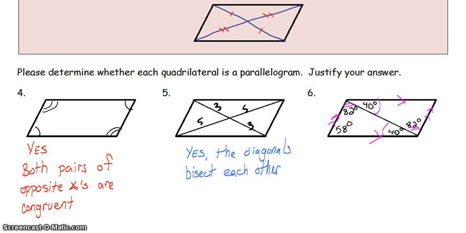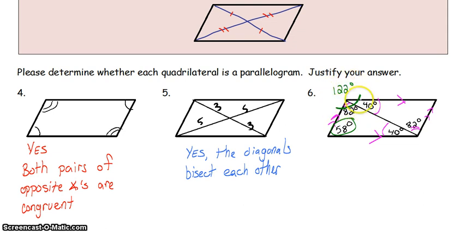So what we have to look at in this case now is, do I have one angle, in this case my 58-degree angle, supplementary to its consecutive angles? 82 and 40 is 122 degrees.